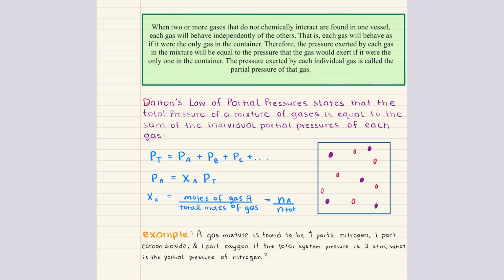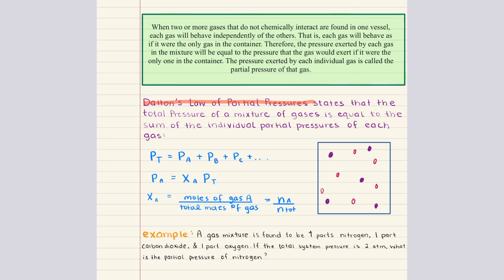This is where Dalton's law of partial pressures comes in. Dalton's law states that in a mixture of gases, the total pressure is simply the sum of the pressures of each individual gas, assuming each gas behaves ideally.